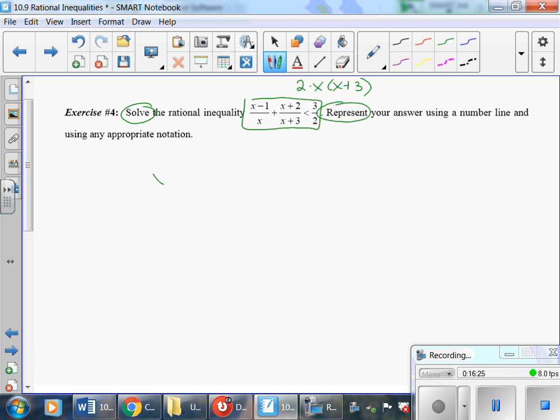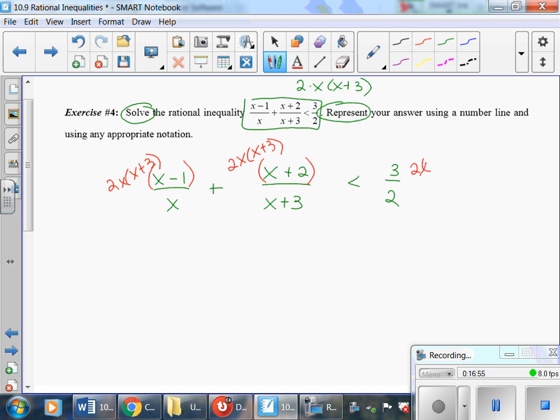So we have x minus 1 over x plus 2 over x plus 3 is less than 3 over 2. So now we're going to multiply each of these. I'm going to protect these. We're going to multiply each of these by 2x, x plus 3. And this one by 2x, x plus 3. And this one by 2x, x plus 3.